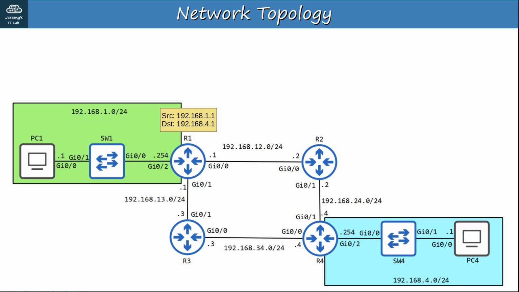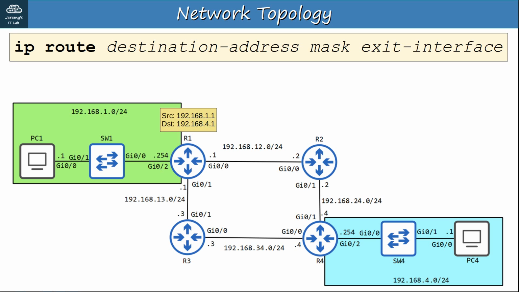So, let's configure a static route on R1 aimed for the 192.168.4.0/24 network. This time, I'll show you a slight variation of the command. IP route, followed by the destination IP address, the mask, and the exit interface. What's different? It's this. Last time we configured the next hop address.